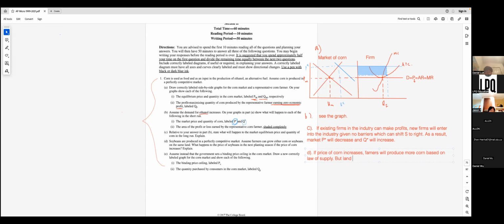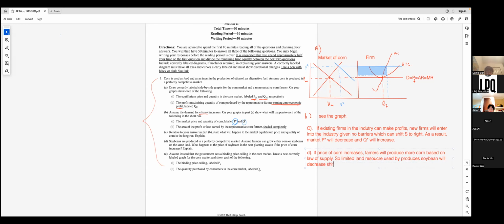But land resources are limited, so land resources used for producing soybean will decrease.